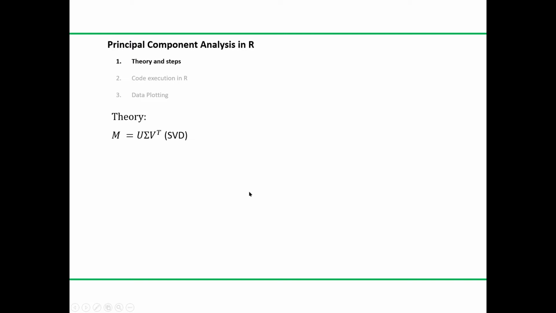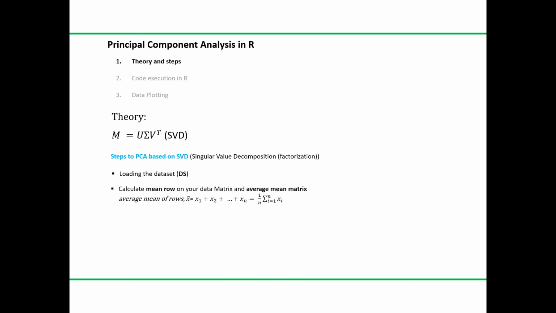Okay, let's start with the steps. First, you have to choose a good data set. In programming, it's very important to choose a good data set. So choose your data set or data matrix, then go further. First, you have to calculate two things.